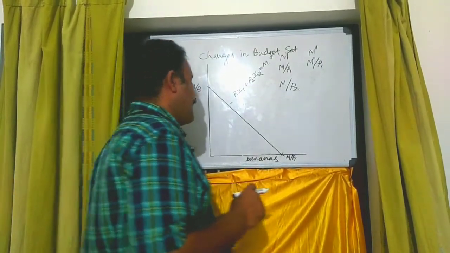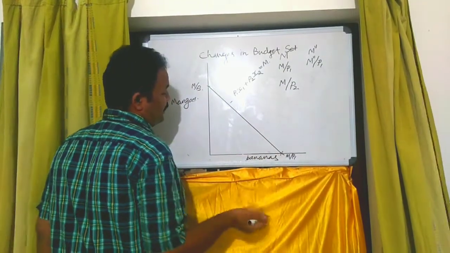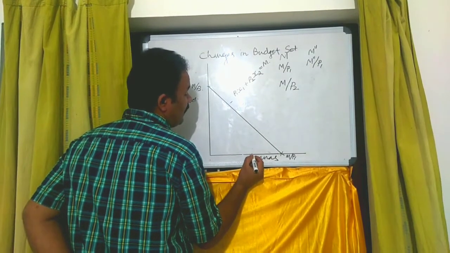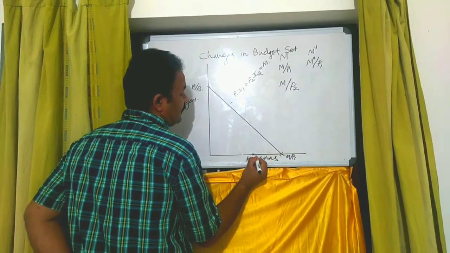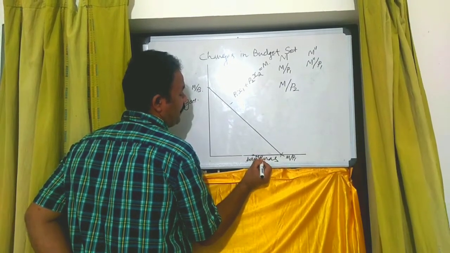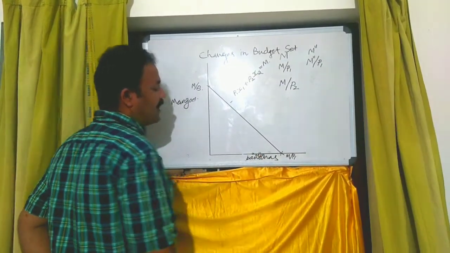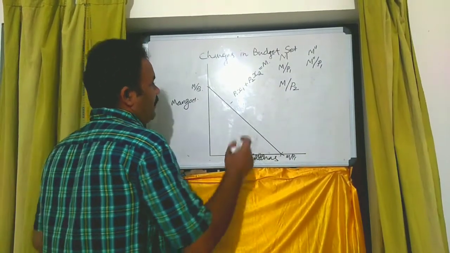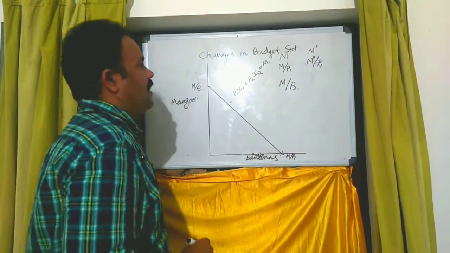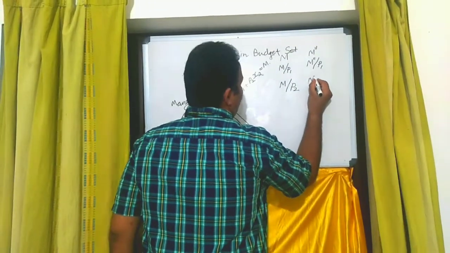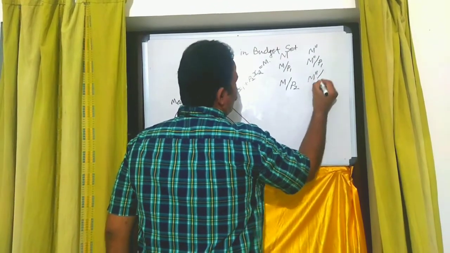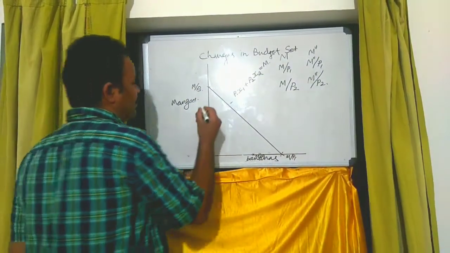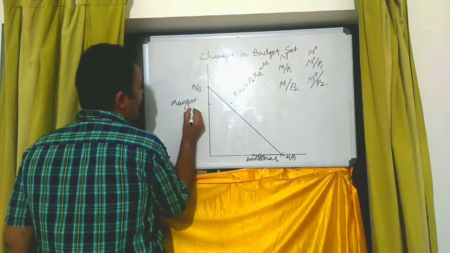At that time he can purchase fewer bananas, or less of the first commodity, so M by P1 will shift leftwards. M double dash by P1 will shift leftwards. Then the new vertical intercept, that is M double dash, the new income, by P2, also will shift downwards. Why?